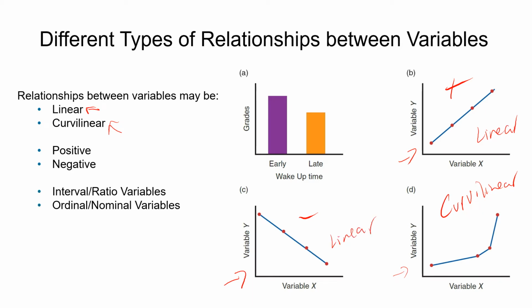You can have it with interval and ratio variables, which most of B, C, and D are going to be. Or you can have it with ordinal or nominal variables. Waking up early or waking up late would be an ordinal variable. We don't have specific times. So A would be an ordinal level variable.